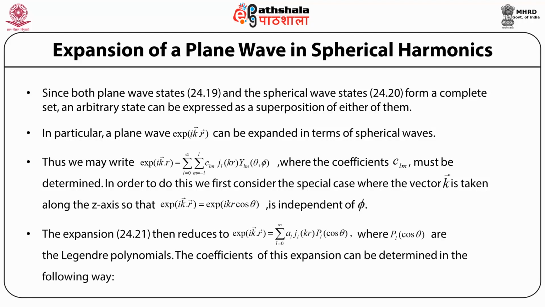The expansion 24.1 then reduces to exp(i k·r) equals the sum over L equals 0 to infinity of A_L j_L(kr) P_L(cos theta), where P_L(cos theta) are Legendre polynomials. The coefficients of this expansion can be determined in the following way.